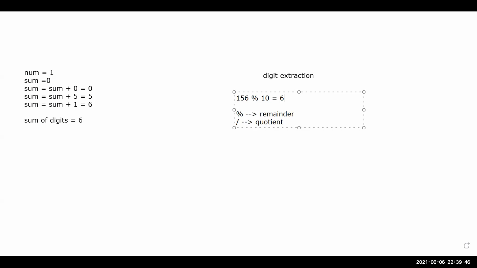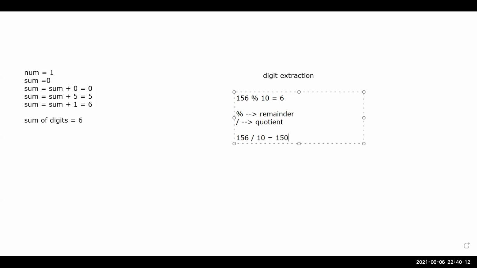So we want the digits one by one. So we will first extract one digit from the last and then add it to the sum. Then to remove this digit, this particular 6 from 156, we will divide it by 10 so that the quotient will be 15.